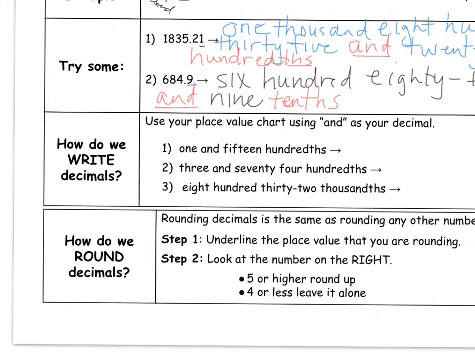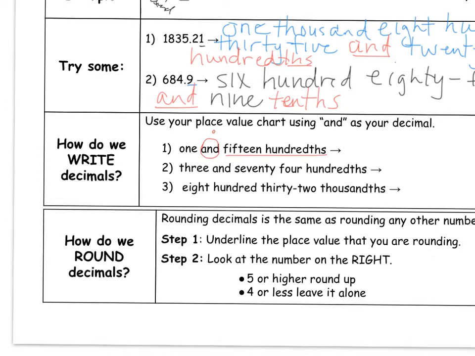All right. So how do we write decimals? Okay? Again, you're going to use your place value chart, using "and" as your decimal. So number 1, if I want to do 1 and 15 hundredths, you notice the "and" is going to be my decimal point. 1 is going to be my whole number, and then after the decimal point is my decimal value.